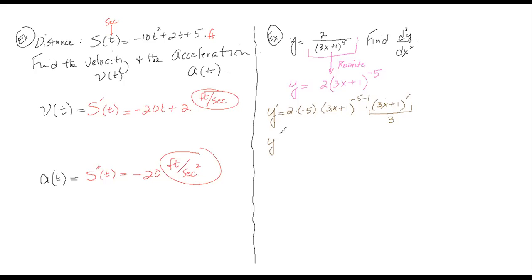Now look, I got 2 times negative 5 times 3. So that's negative 30. And then I have (3x plus 1) to the negative 6. Okay, so this is our first derivative. This is our dy dx.